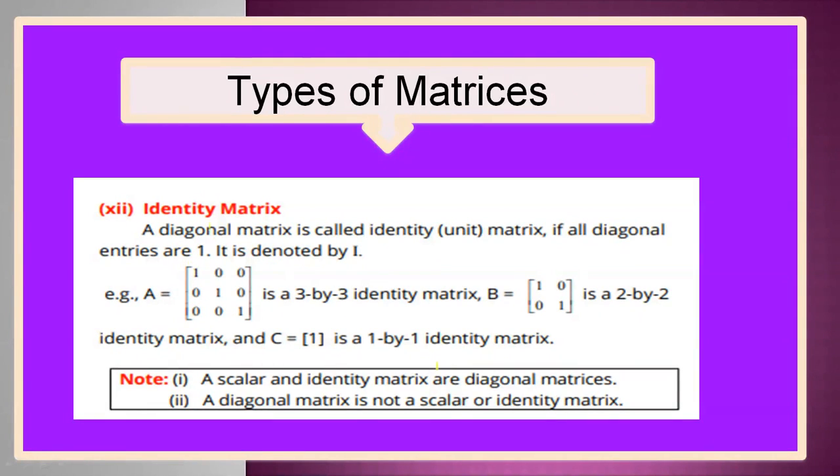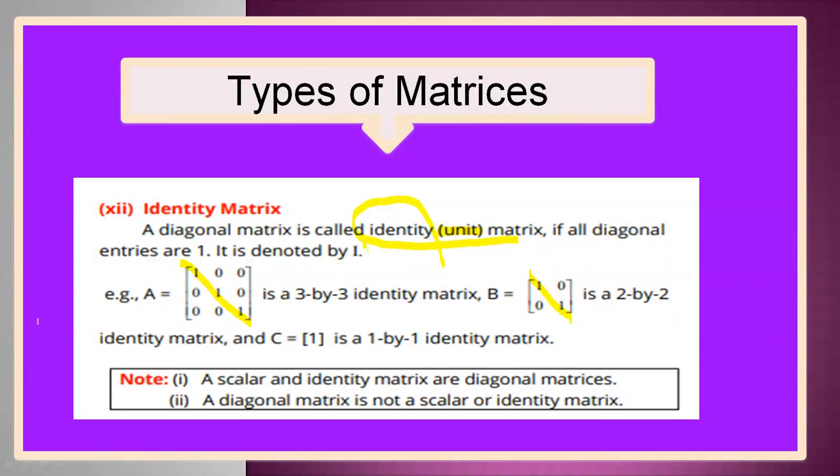In the next type, the diagonal entries should be the same and it's only one. The rest of the entries should be zero, zero, zero, zero, zero. So this kind of matrix is known as the identity matrix. Another name of the identity matrix is the unit matrix.